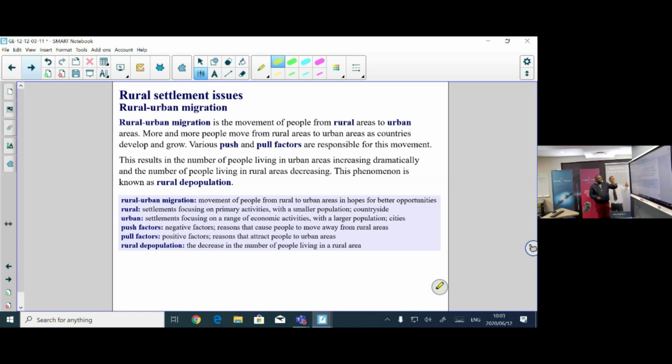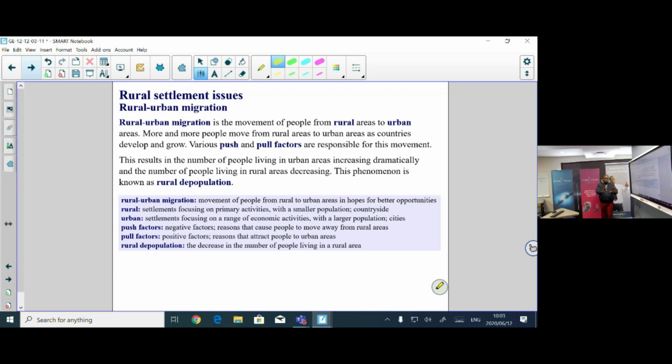So what the trend that we have seen in human history is that more and more people move from rural areas to urban areas as the countries develop. There are various push and pull factors. So there is a push and a pull factor.